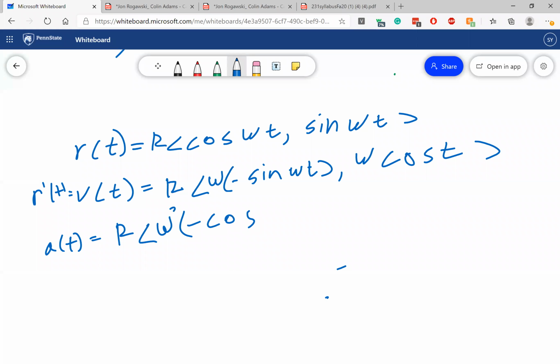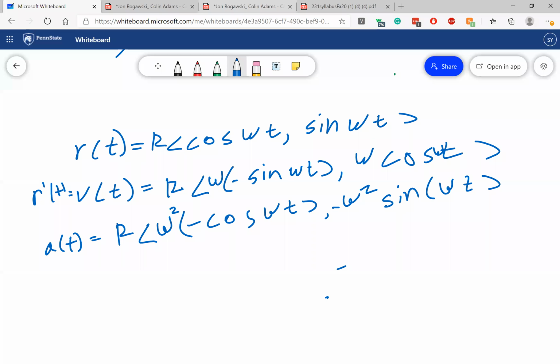So now we have omega squared times omega t, and again omega squared, negative sine of omega t. So this is our acceleration vector.